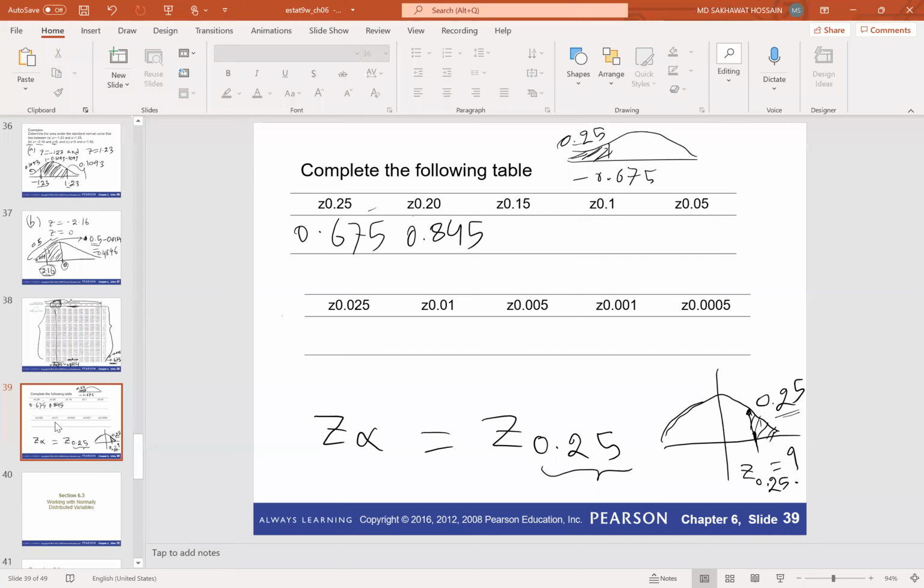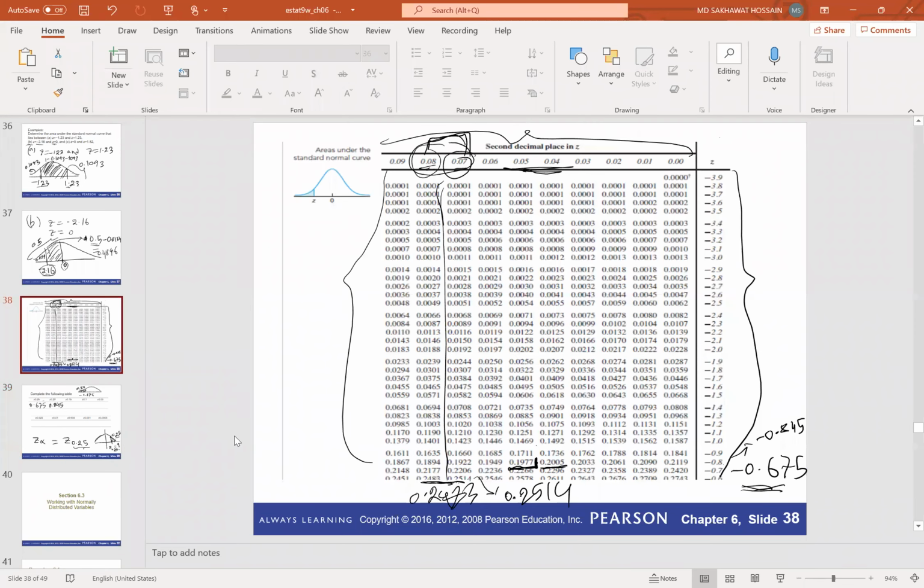So the next number is z_0.15. That means the area on the right is 0.15. You have to find the z-score. So let's go to the z table and find the area 0.15. Where is 0.15? This is 0.1492 and this is 0.1515.